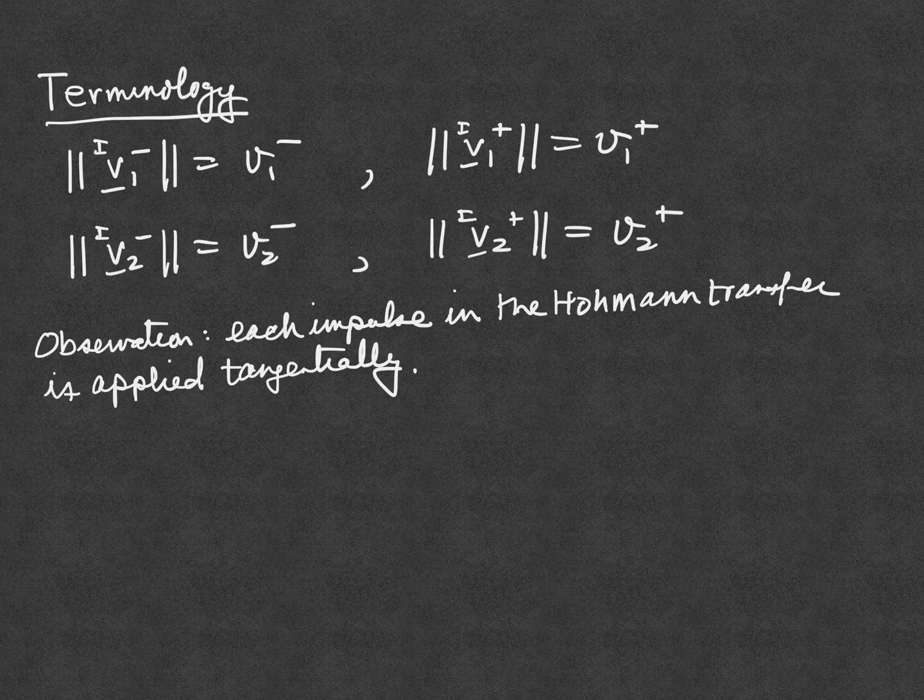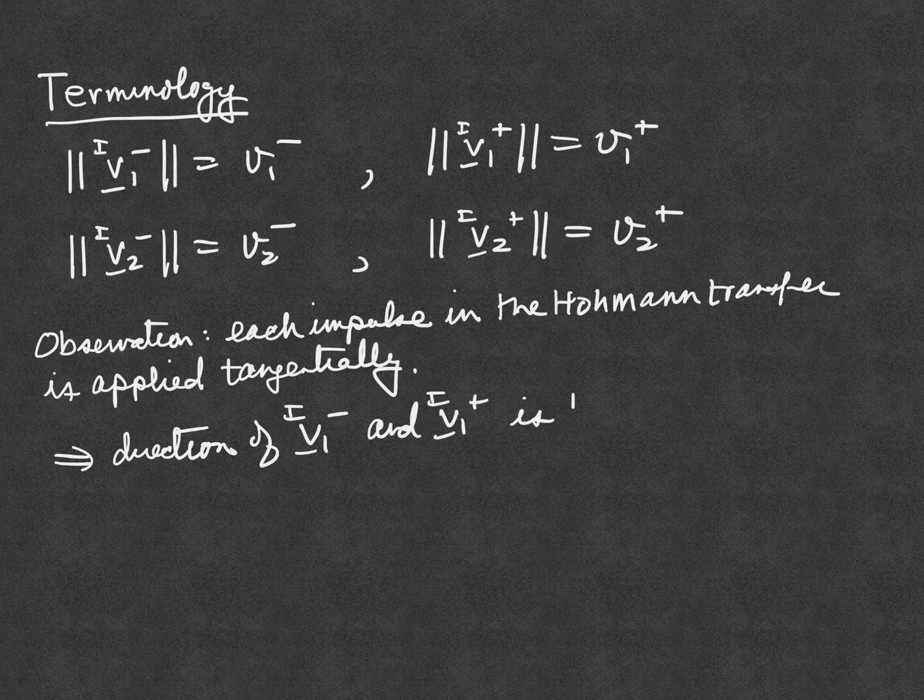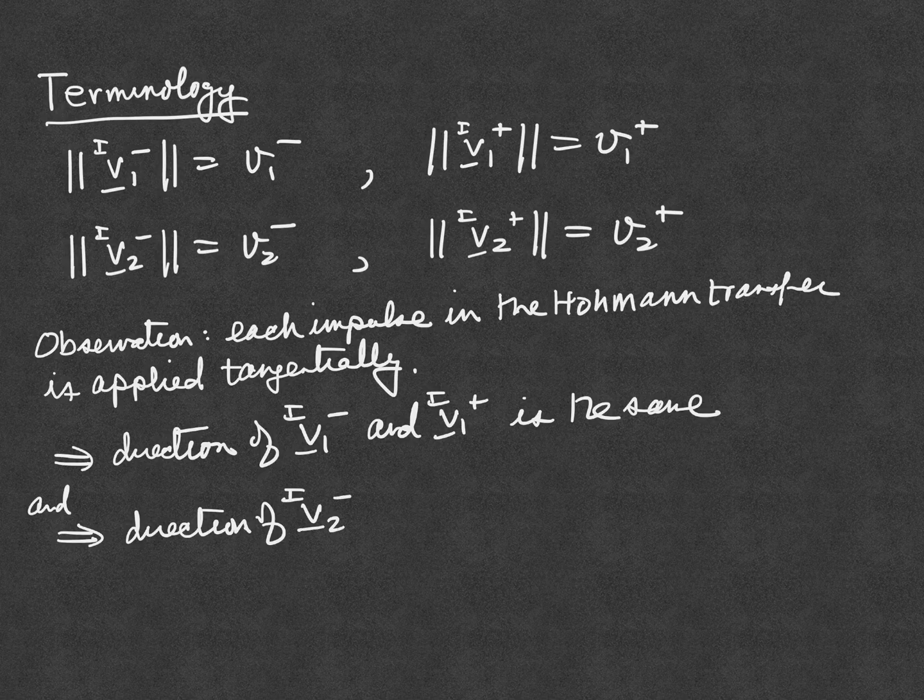So what that means is that the direction of v1 minus I and v1 plus I is the same, and it implies that the direction of v2 minus I and v2 plus I is the same.